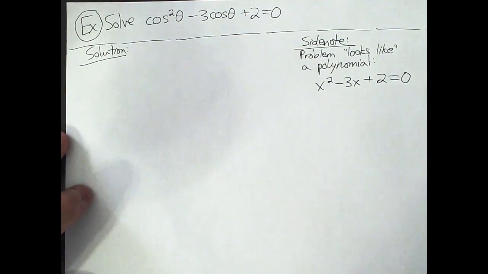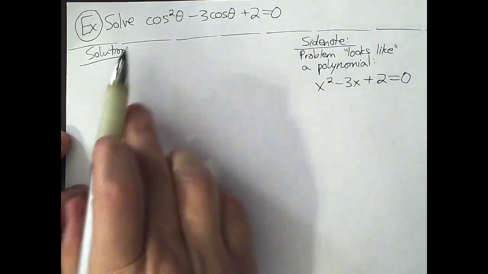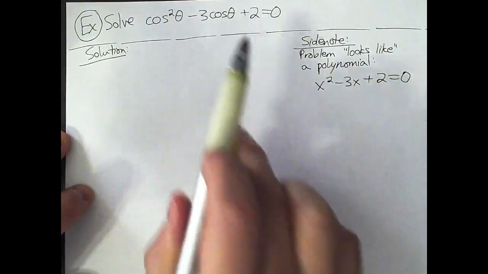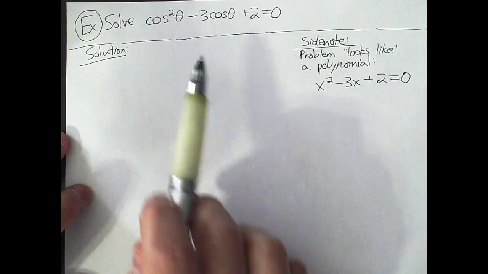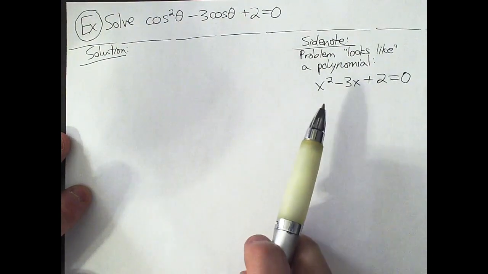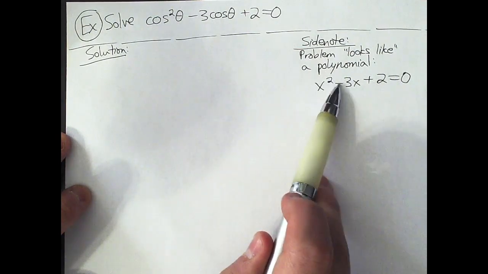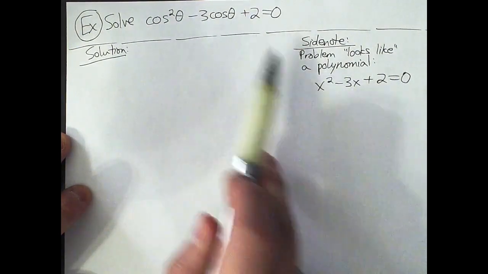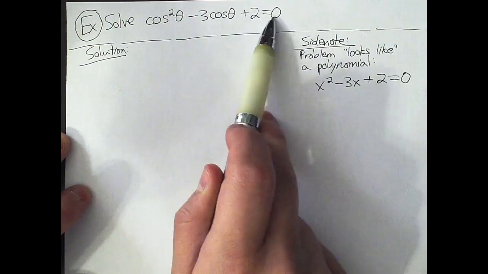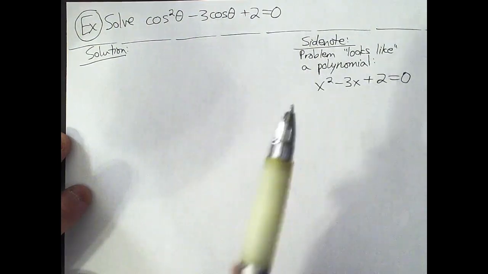Do you see the similarity there? I mean, it's not a polynomial. It involves cosine. It's definitely not a polynomial. But I feel like it's kind of in this form where it's something squared minus 3 times that something plus 2 equals 0. So yeah, it's kind of in that form.